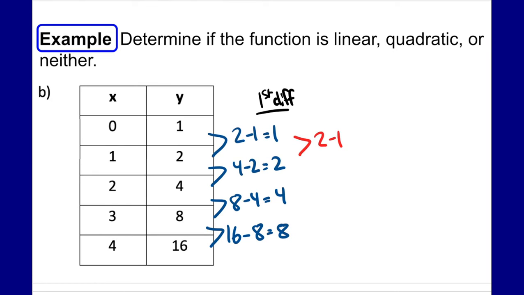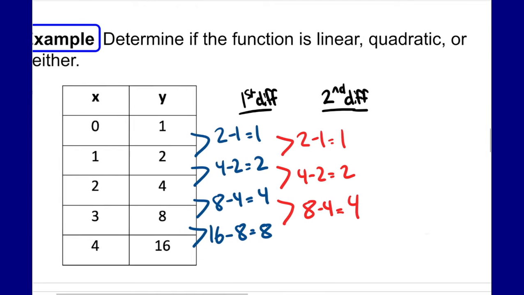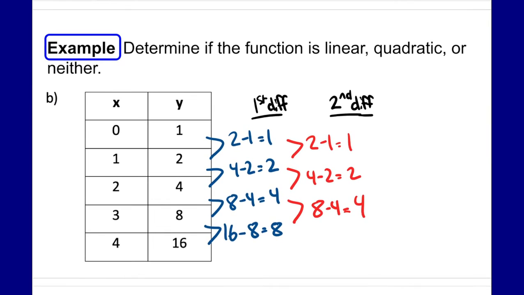Taking the answers that I found and doing the same thing: 2 minus 1 is 1, 4 minus 2 is 2, 8 minus 4 is 4. So our second differences are not equal either. When neither first nor second differences are equal, that means the function is neither linear nor quadratic. So it's neither.